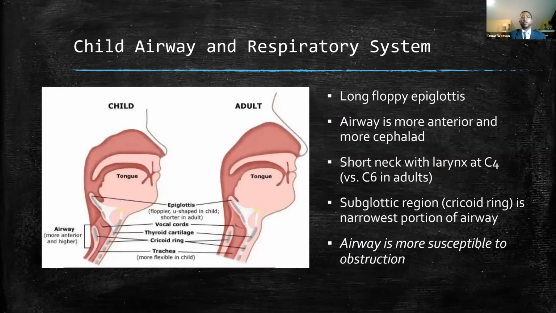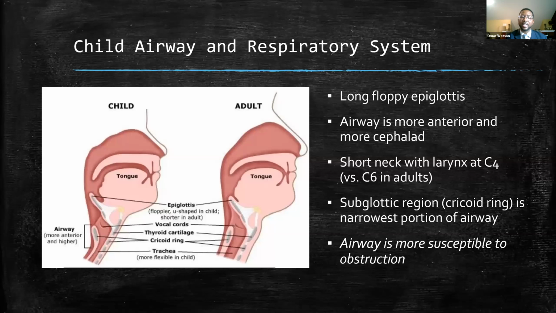So the airway for a child is a little different than for an adult. Obviously, we have the same anatomical components, but they're positioned in different areas in the airway, which makes the airway more susceptible to obstruction. First, most children have a large and floppy epiglottis.